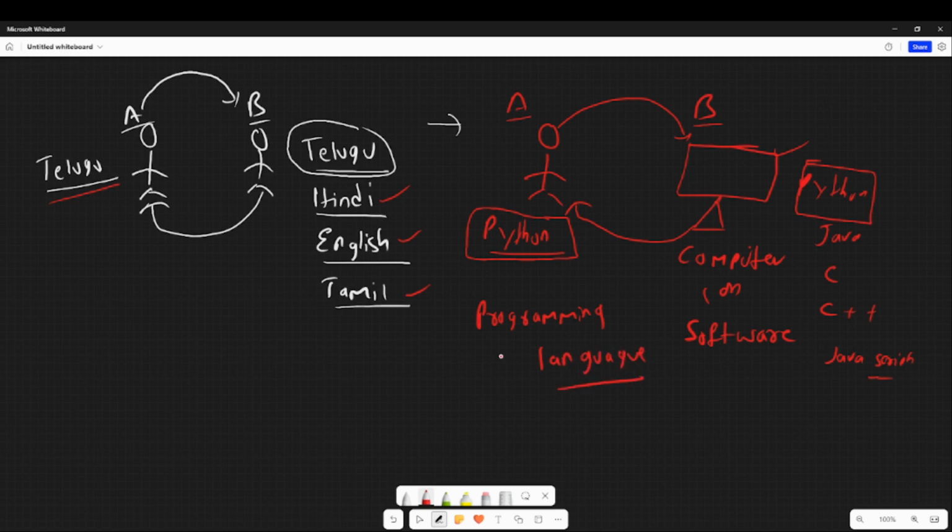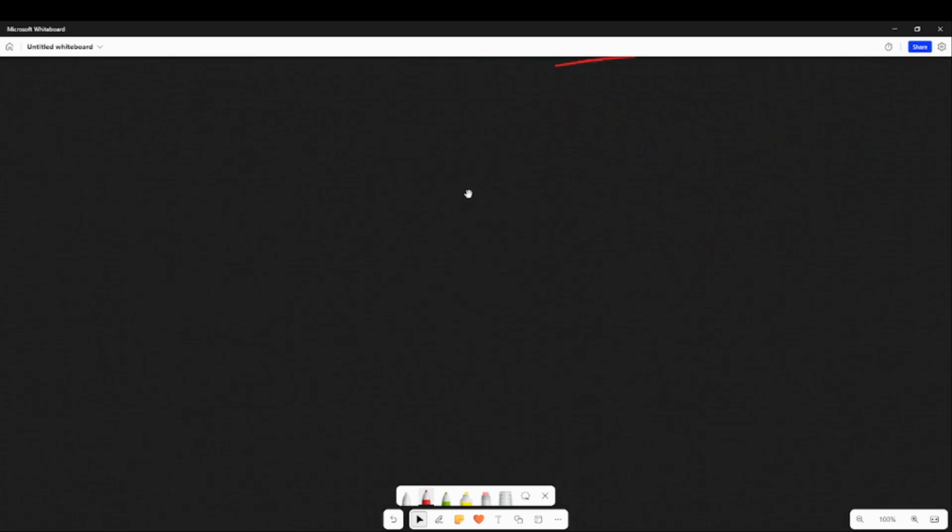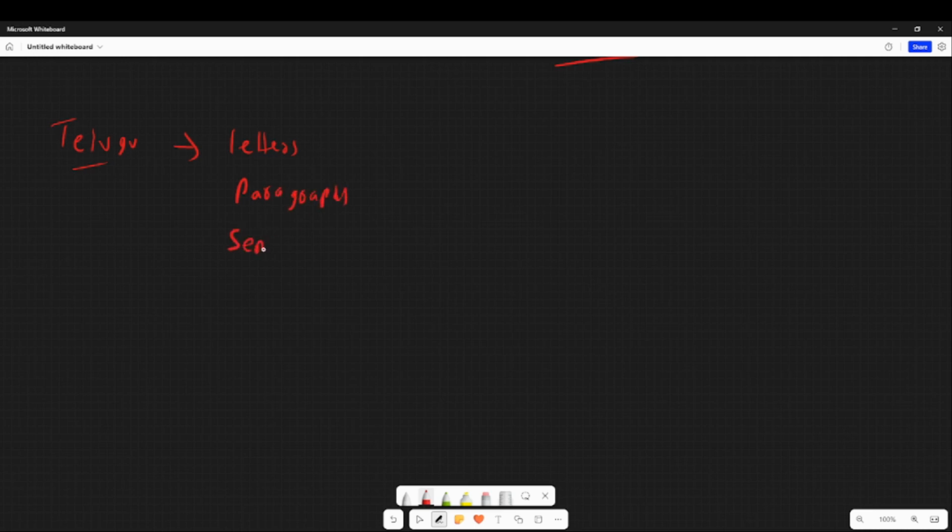In the same way, let's take another example. We have the Telugu language. In the Telugu language, we have letters, paragraphs, sentences, etc. In the same way, a programming language has basics. What are those basics?